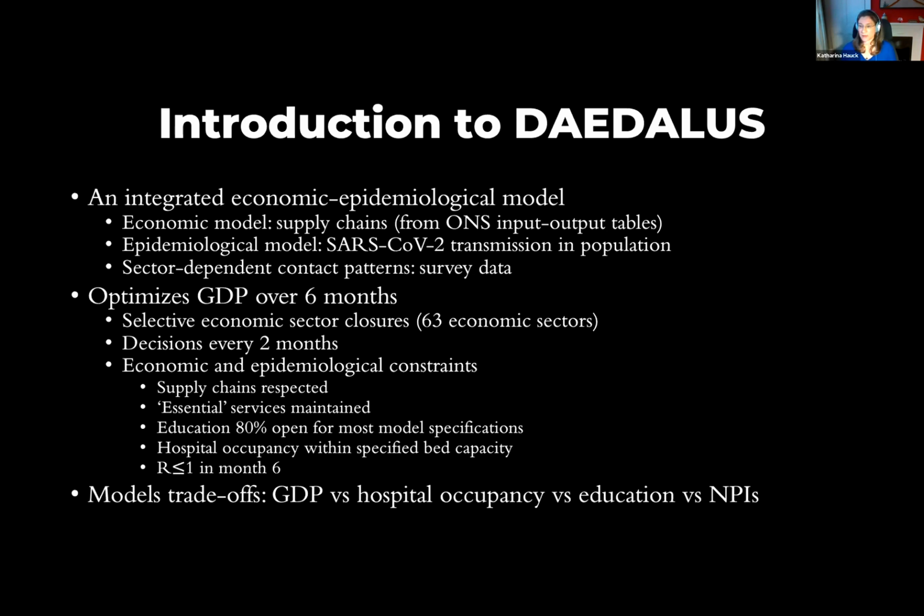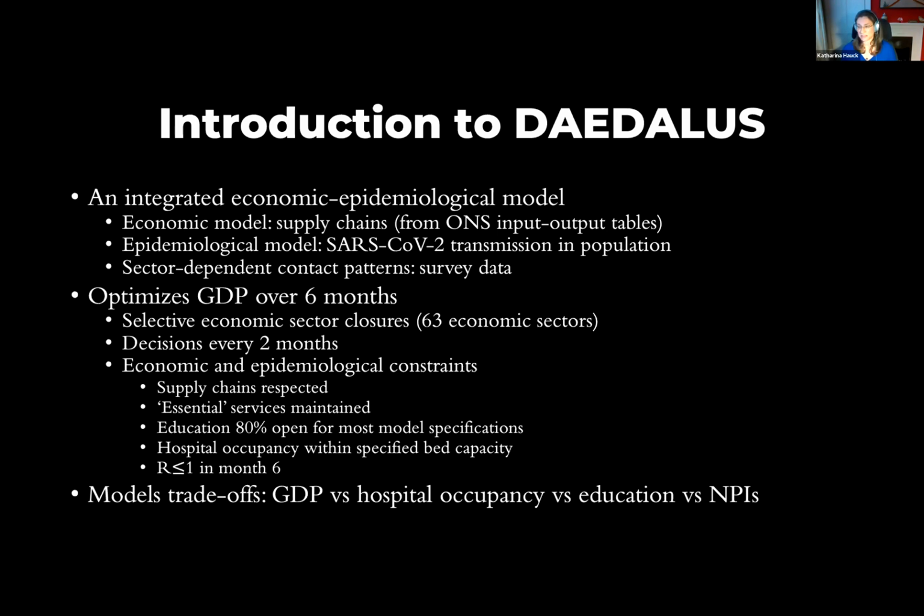We then give an optimal trajectory to policymakers on partial or full opening and closing of each of the 63 sectors, and calculate then the impact on the active workforce, community transmission, associated impact on disease transmission, and the impact on hospitals.